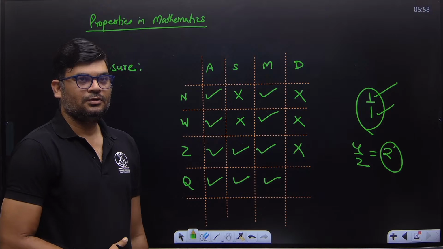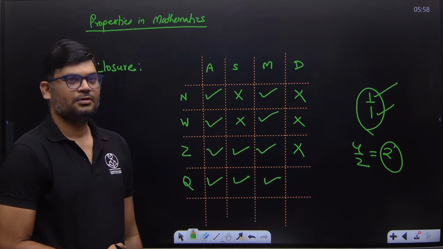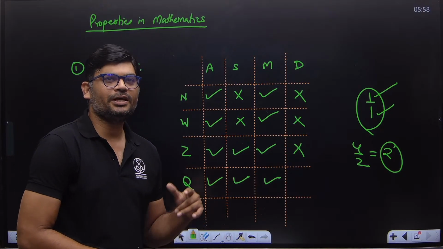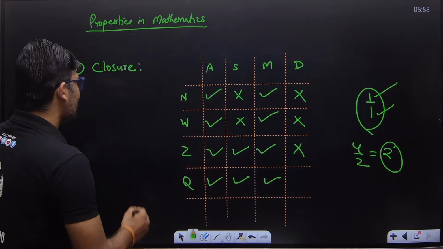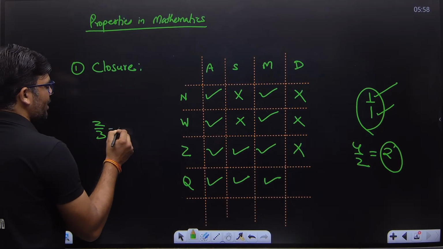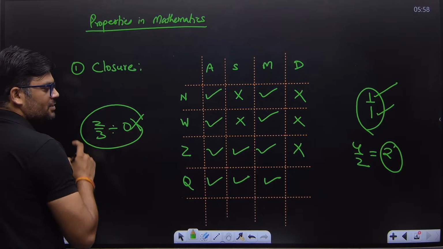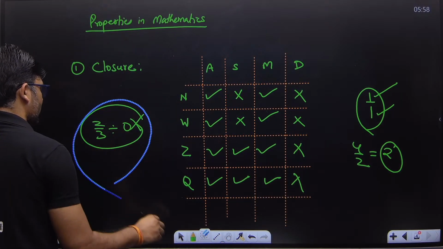Yes, it is true for division as well, except you take 0, because division by 0 is not allowed. So suppose I ask you 2 by 3 divided by 0. That is not allowed. So because of this 0, we say that this is not closed under division as well.